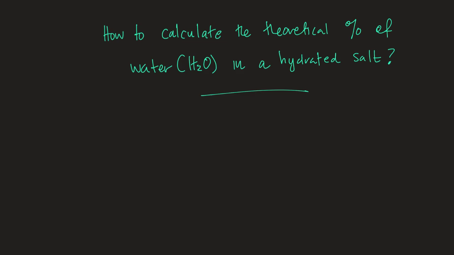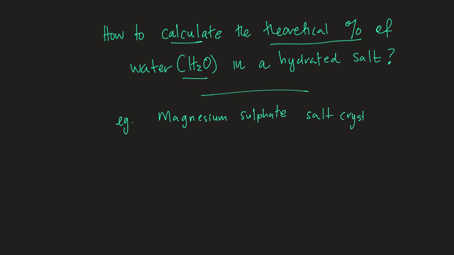The first type of calculation is how to calculate the theoretical percentage of the water in a hydrated salt. Let's say, for example, I had magnesium sulfate salt crystals, MgSO4.7H2O.